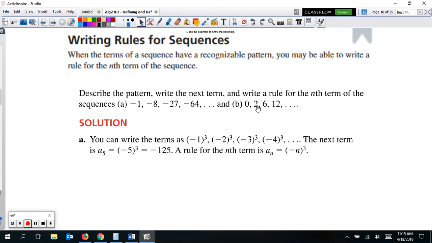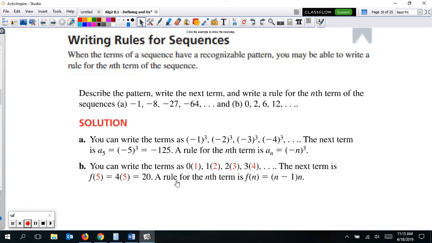For the next one, 0, 2, 6, and 12. On this one, like I said, this is the hardest part to understand. But you have 0, 2, 6, and 12. Well, you can think of, we're multiplying here. Basically, you're going to multiply the term number, like 1, 2, 3, 4, times the number before it. So like 1, the number before 1 is 0. So 0 times 1. And then you go to 2.